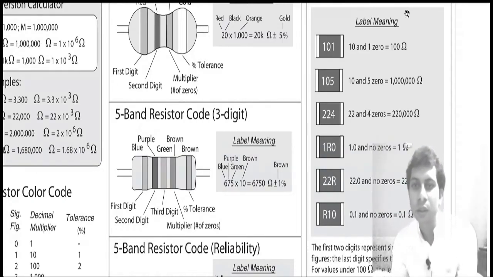Then why are we using these surface mount resistors? Because to reduce the size of the PCB, we require a small circuit.